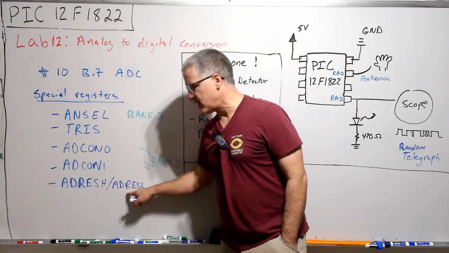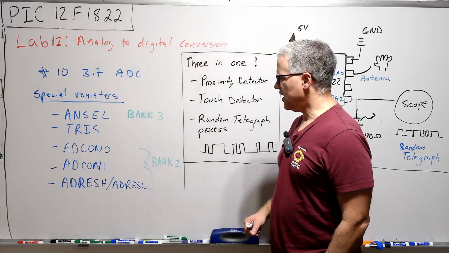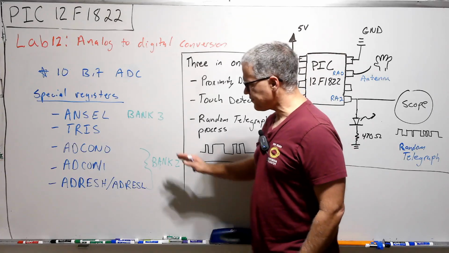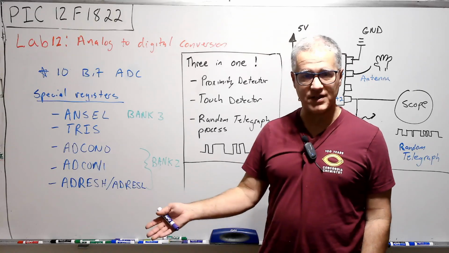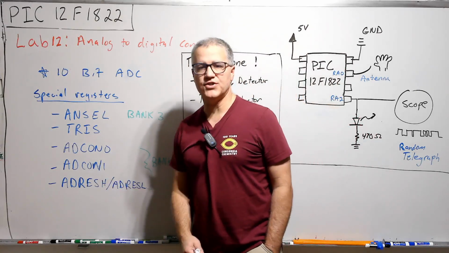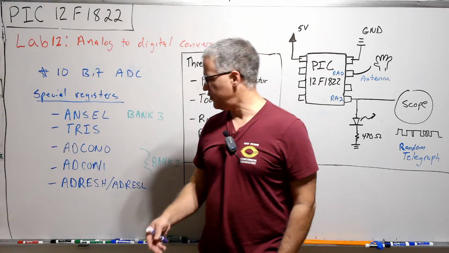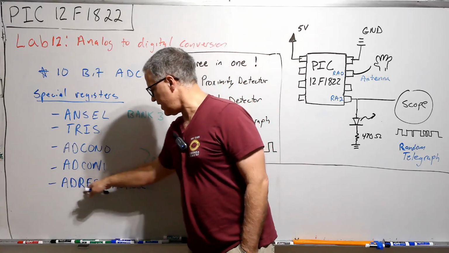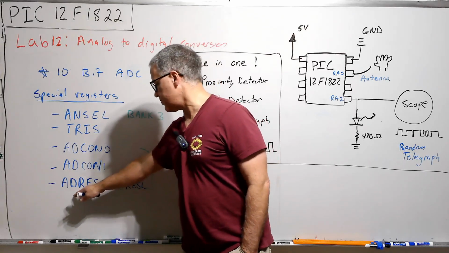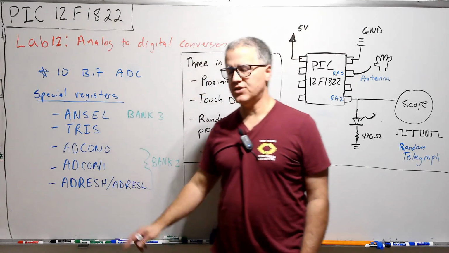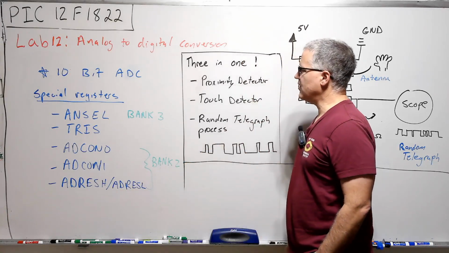And then this is where the result is stored. Because this is 10-bit and these are 8-bit controllers, we need actually 2 registers. You can choose to put 8 bits here and 2 here, or 2 here and 8 here. And we're going to choose to put 8 here and 2 here, the two least significant bits down there.